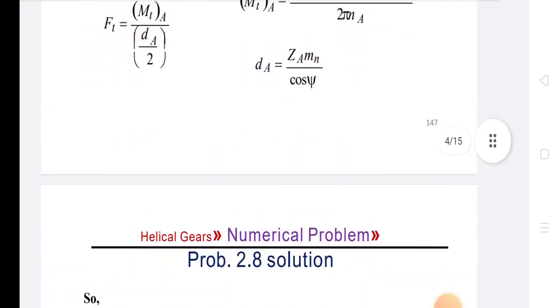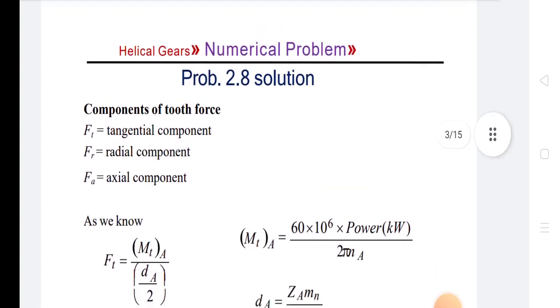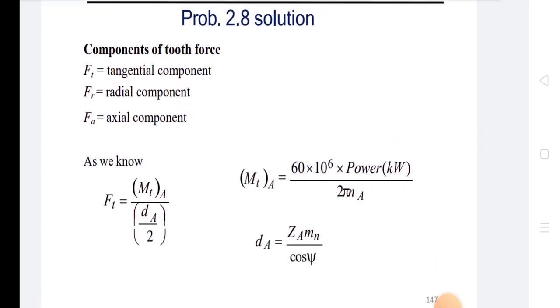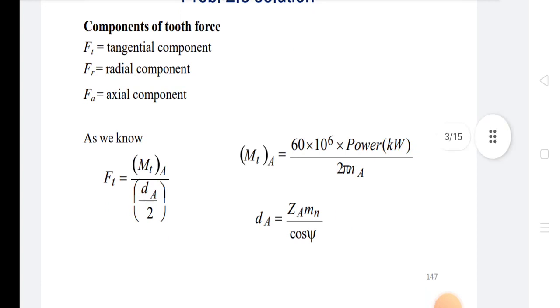So, as we know that Ft is equal to MTA upon dA by 2, MTA is equal to 60 into 10 raised to 6 into power in kilowatt upon 2 pi Na. dA is equal to ZA Mn upon cos psi.